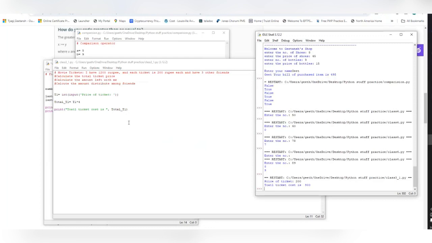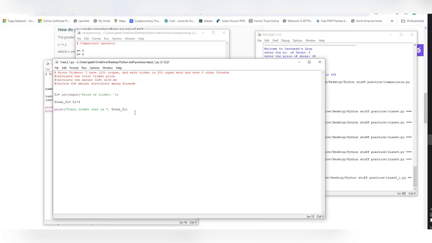So what will you do? Amount left with me equal to total.